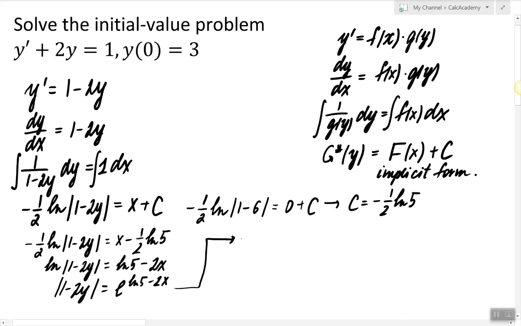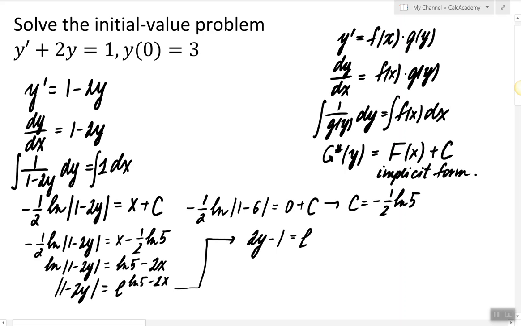And now we continue isolating the y variable. We have to get rid of this absolute value. Since y is 3 at x equals 0, and at 3 this expression is negative, we would get rid of the absolute value by rewriting the expression inside with a negative sign.